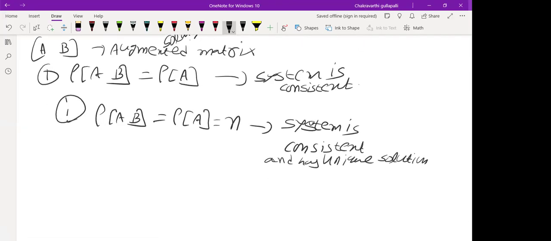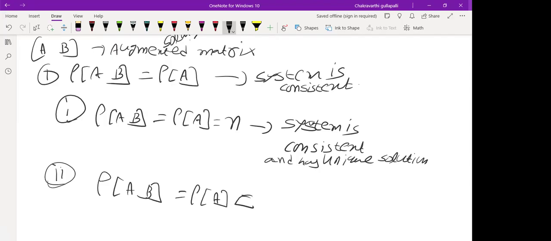And if the rank of augmented is equal to the rank of A, less than n, then the system is having many solutions. It is consistent in this case also, but it will have many solutions.